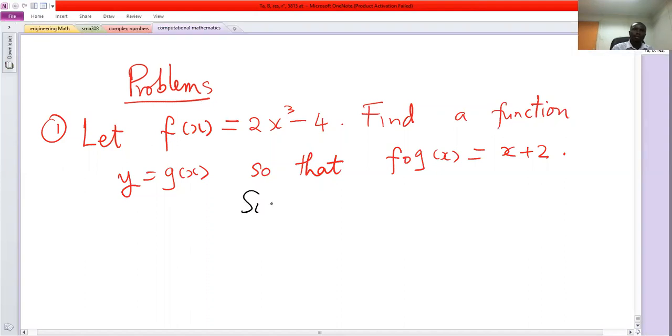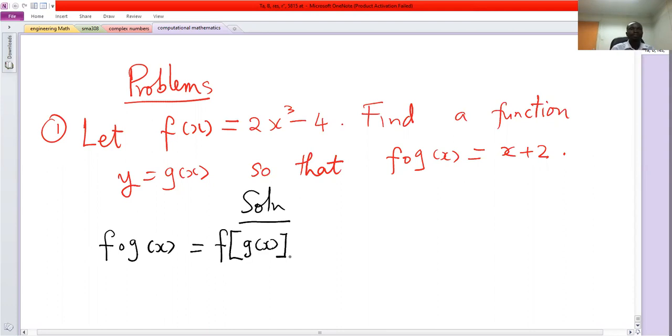Now, the solution to this. We have to remember the definition of f composed with g. So f composed with g means you take f and the function g becomes the input.